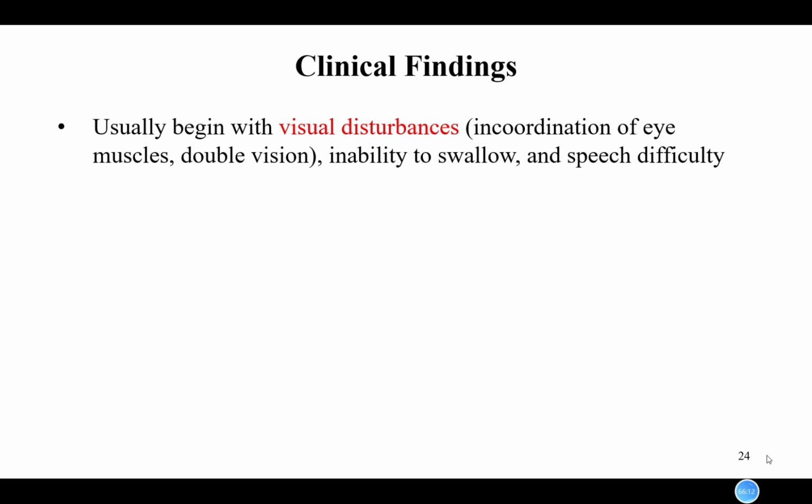swallowing and speech. Okay, the botulinum toxin can cause death if it causes respiratory paralysis. So the muscles required for respiration or ventilation are influenced, and the patient cannot breathe well, cannot get in enough oxygen.